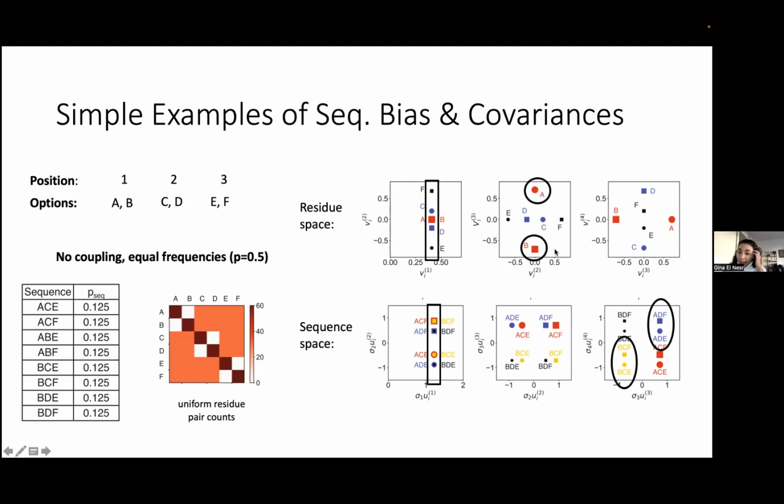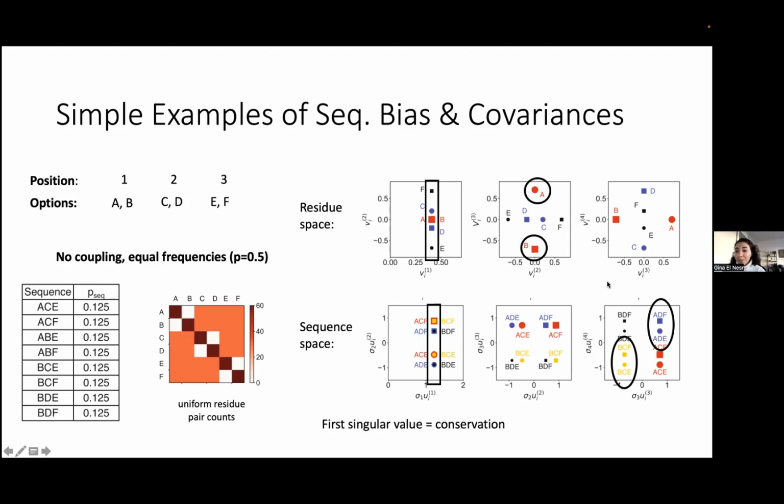So here, A and B are heavily anti-correlated, and E and F are also anti-correlated equivalently. And then you see that also with the sequences, with B and A and D and C. This is a very simple, very naive case, but it illustrates the importance of that first singular coordinate.